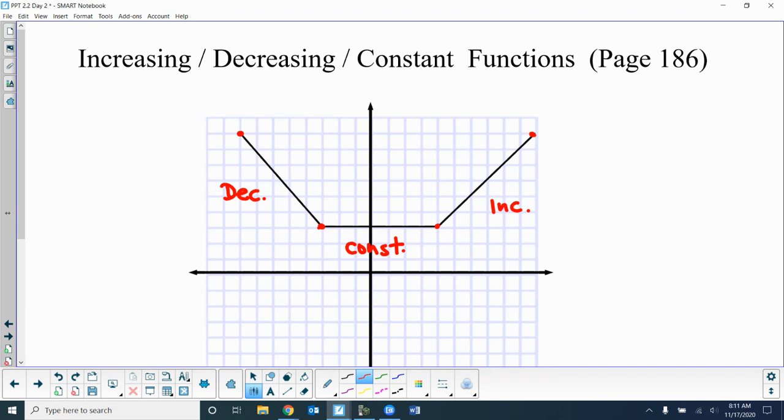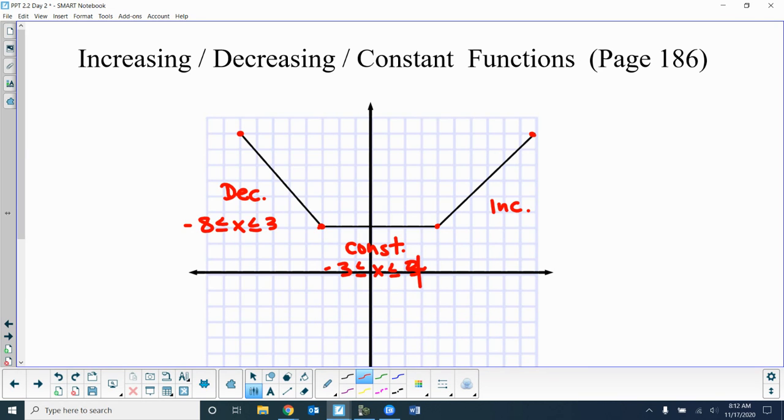So you're going to be asked maybe for the domain of when it's increasing or decreasing. The domain is just the x value. So the domain here would be from -8 to -3. And then here would be from -3 to 3. Oh, no, that's a 4, isn't it?